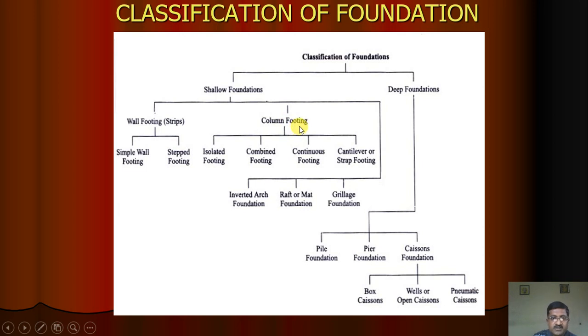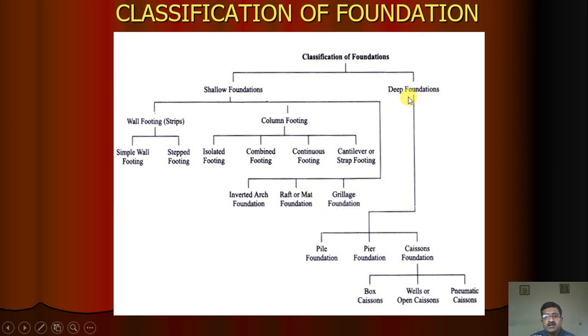It is an isolated type of footing, in that a special foundation is called an isolated footing itself, combined footing, continuous footing, cantilever or strap footing. Then shallow foundations also include inverted arch foundation, raft or mat foundation, grillage foundation.